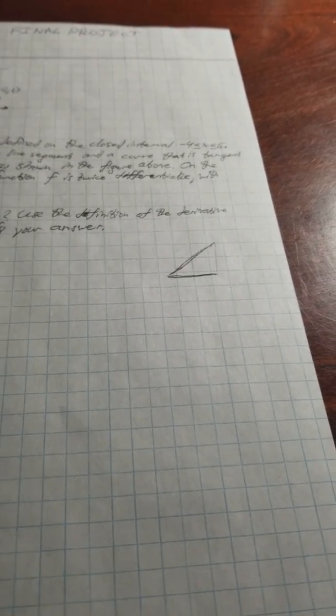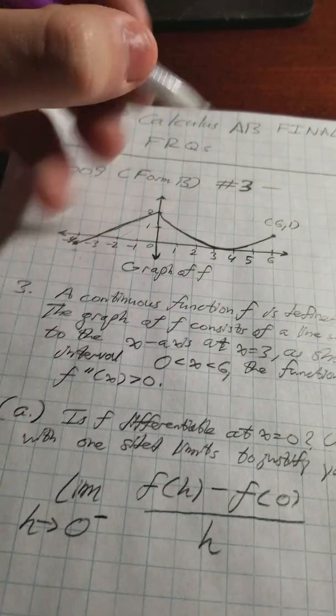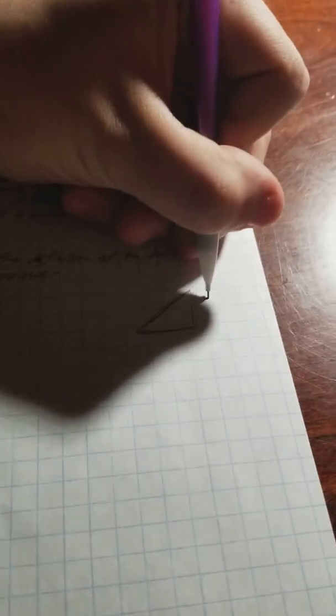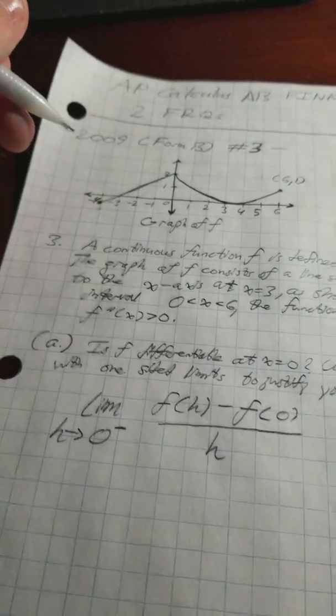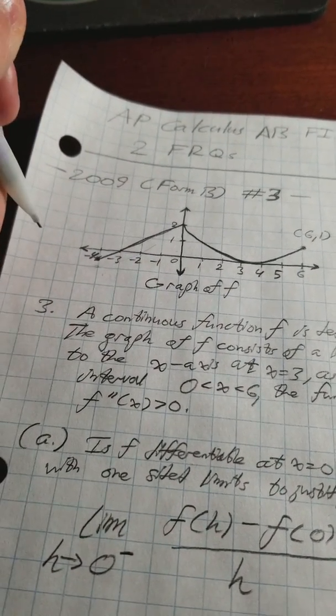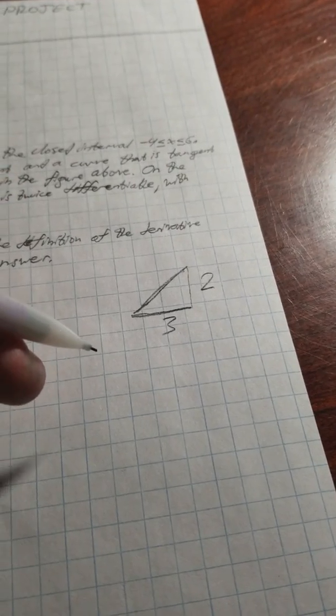We know that the change in y is 2, and then the change in x is 3. It's a positive 3, even if it goes into the negative part of the x-axis. We're looking at magnitude, not distance. Backwards or forward, it doesn't matter.